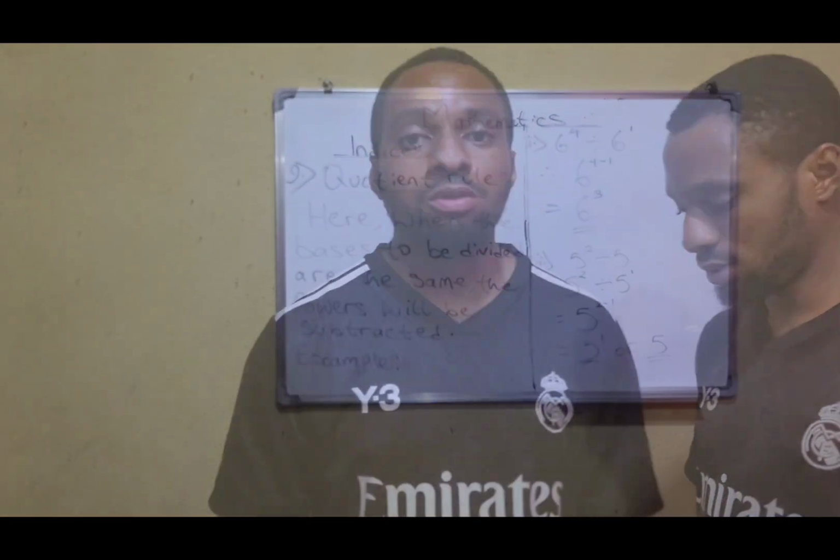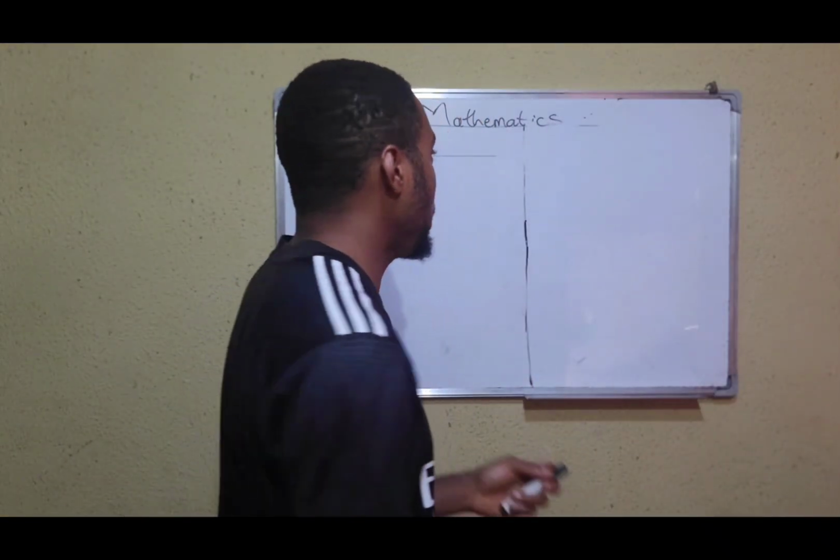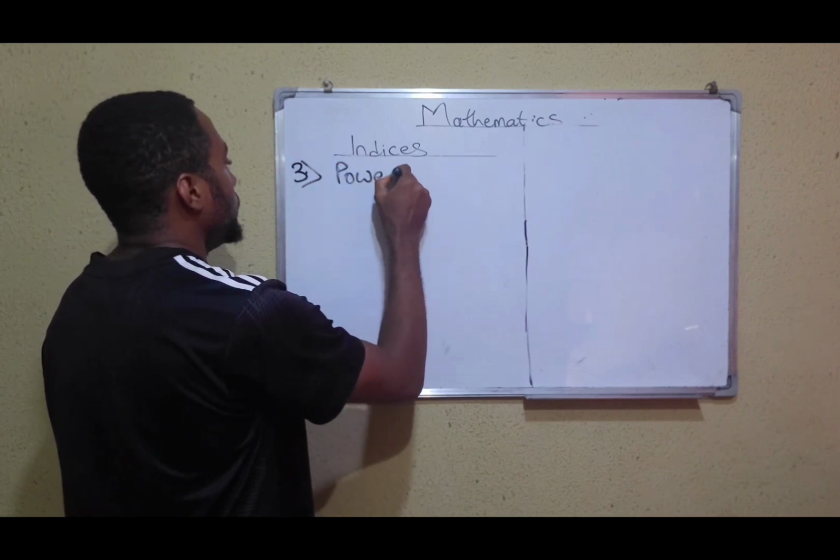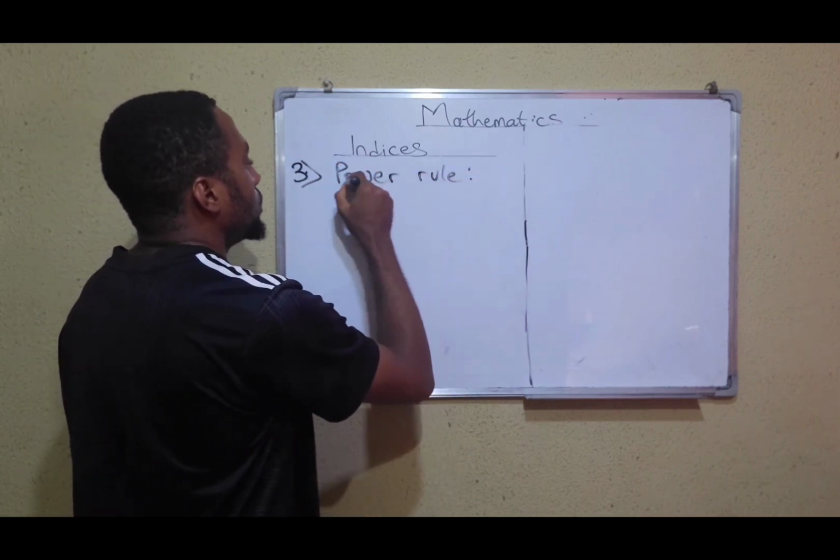or the exponent. And moving on to the third one, we have the power rule. Number 3, the power rule. This is simple.